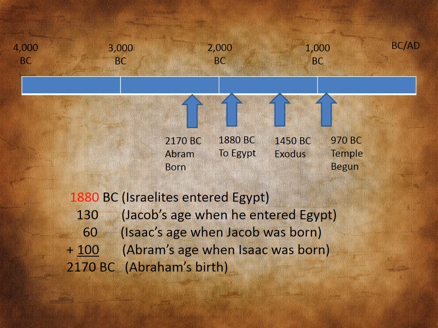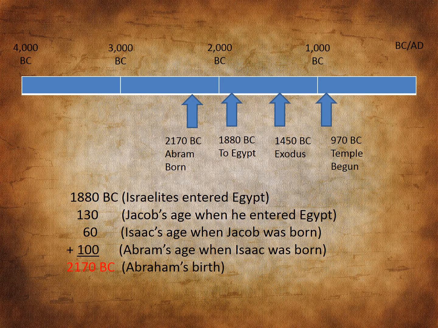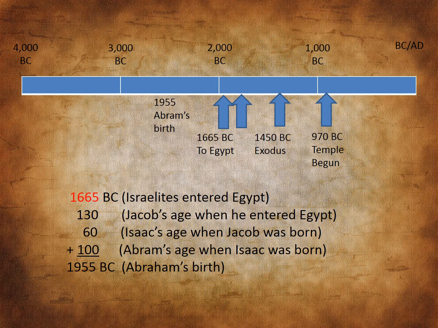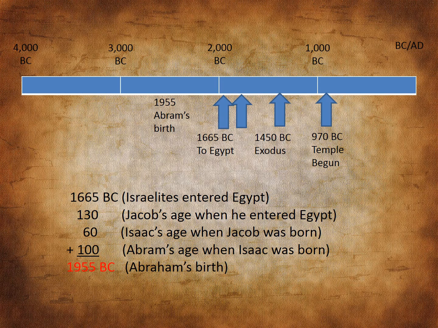Adding to the 1880 date from the Hebrew manuscript, Jacob's age when he entered Egypt, Isaac's age when Jacob was born, and Abram's age when Isaac was born, we get 2170 BC as the date of Abraham's birth. Adding those same figures to the 1665 BC date from the Septuagint manuscript, we arrive at 1955 BC as the date of Abraham's birth.